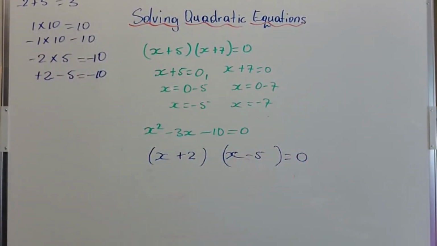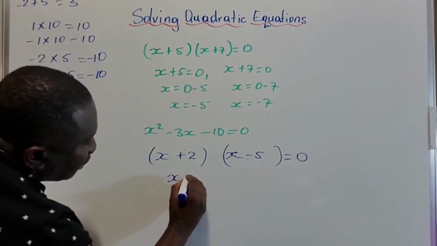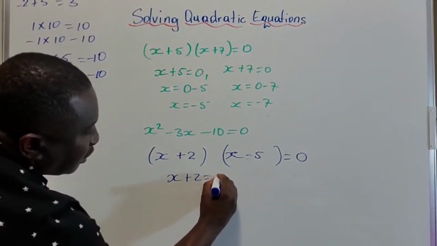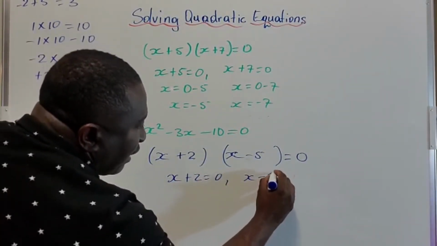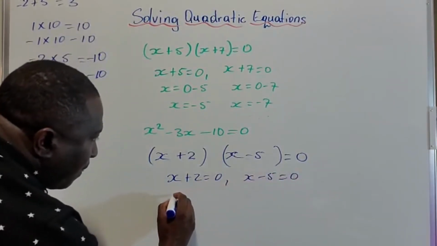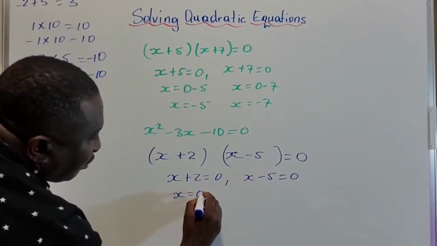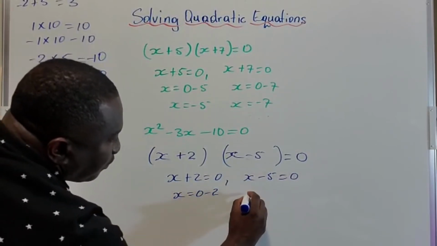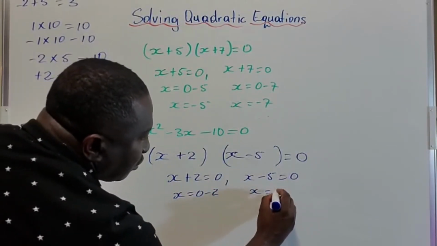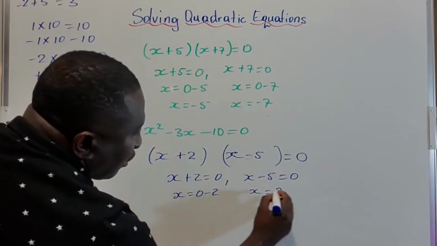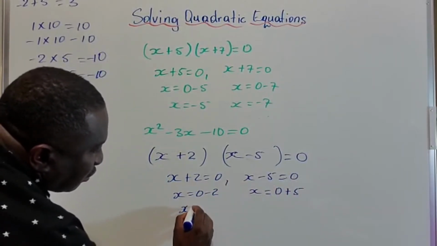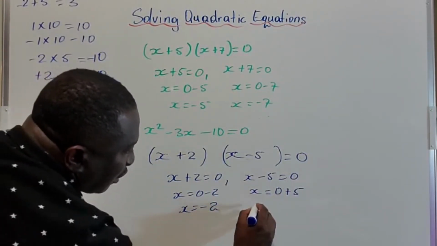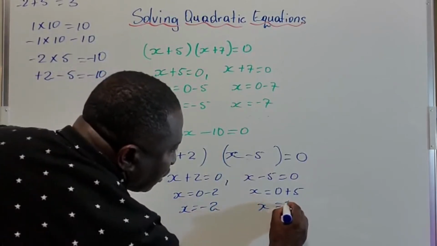Now we can solve the equation for x. Hence, x plus 2 is equal to 0. Beside it, x minus 5 is also equal to 0. x is equal to 0, take 2. x is equal to 0 plus 5. x is equal to negative 2. x is equal to positive 5.